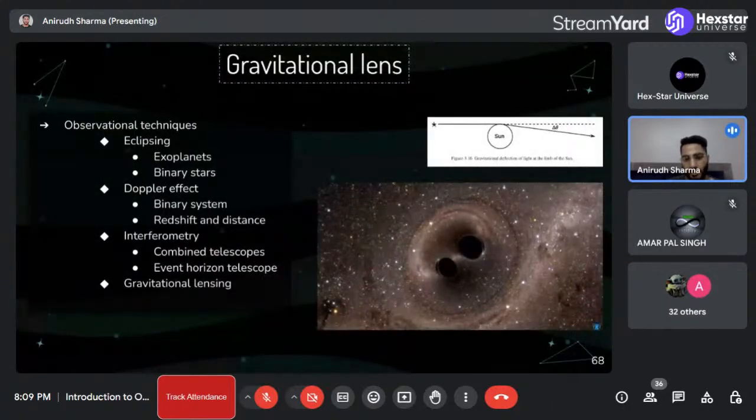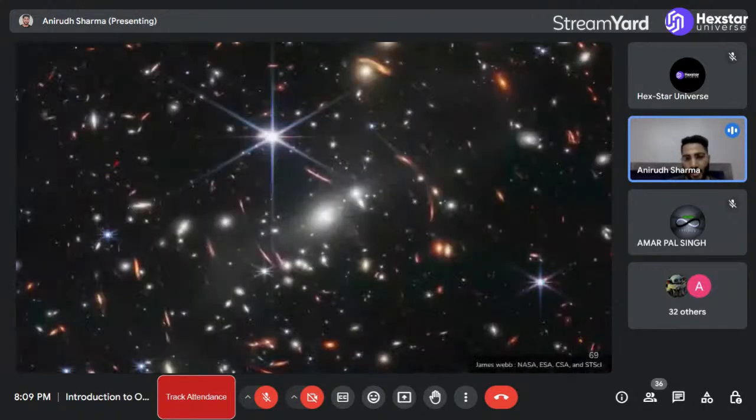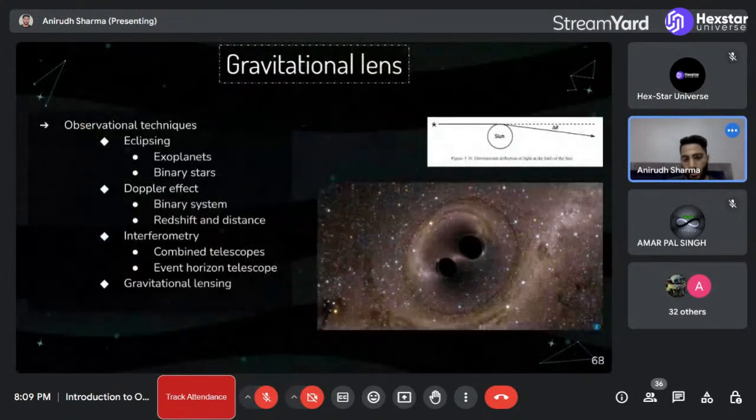And then there is another technique in observation that is called gravitational lensing. This is basically what happens when you observe something, and in between you and the observed object, there is something massive.